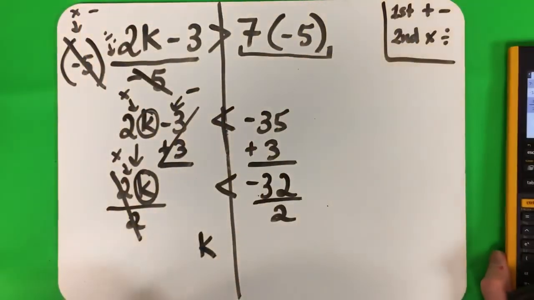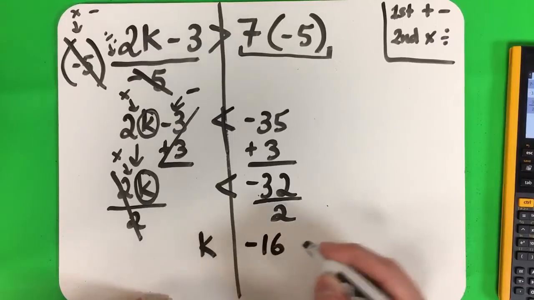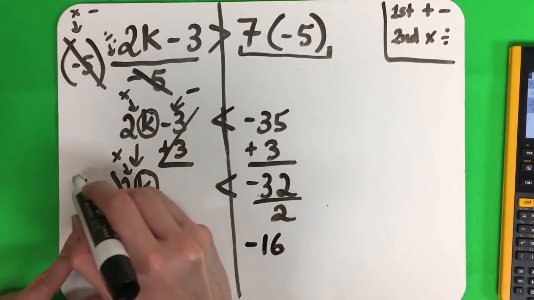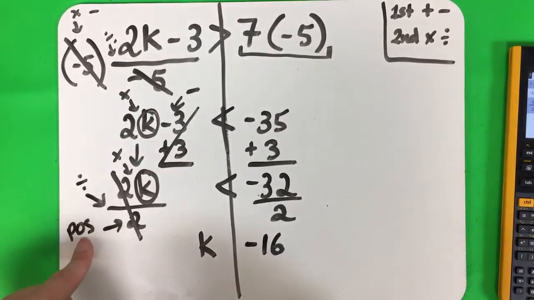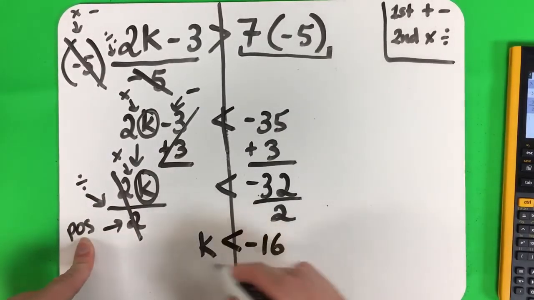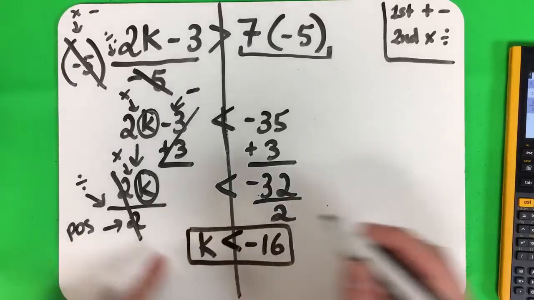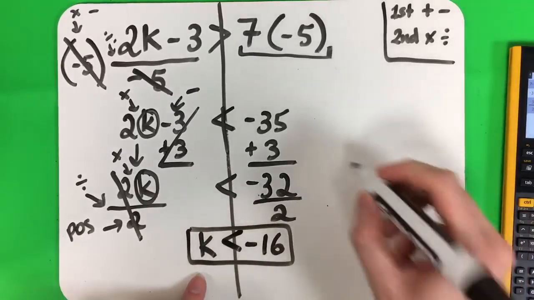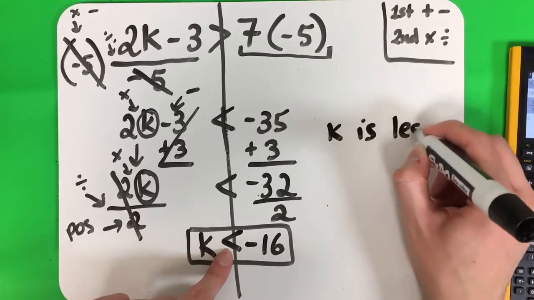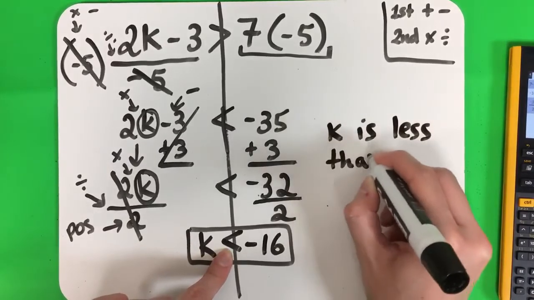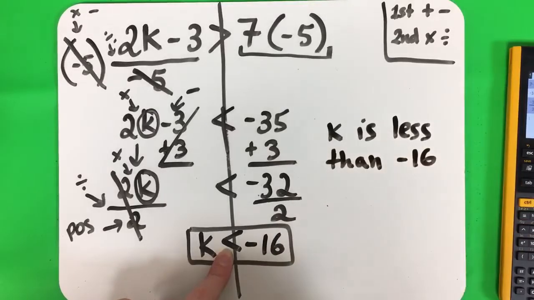It's -16. Okay, look at this. This is divide. This is positive. Divide by positive. Same sign. Okay, so I have k is, this is less, menor, less than -16.